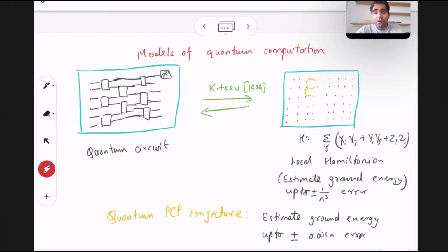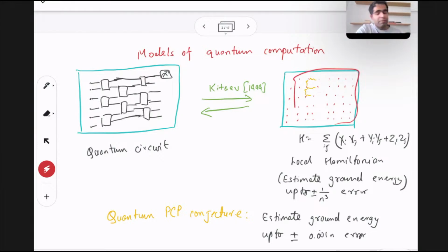That's an example. But in general, imagine you had the power to set up any interaction between qubits that you wanted. If you could do that, then it turns out that the ground energy of this local Hamiltonian also encodes the answer to the computation. The way you do it is that to define this Hamiltonian, you look at this circuit, look at the gates, and the interactions would depend on the gates.